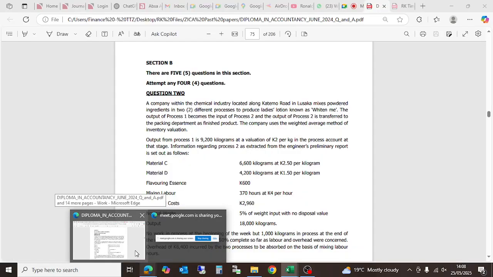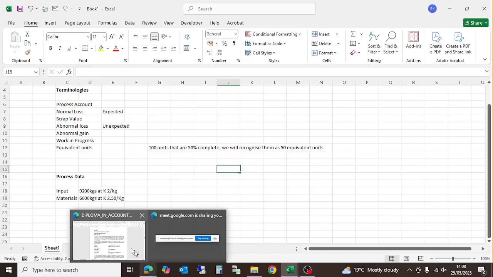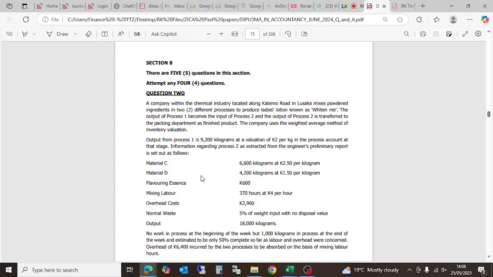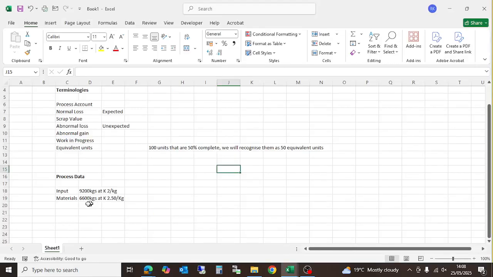Okay, this is kilograms at 2.5 per kg. Okay, we check again. What else do we have? We have material D. So in terms of materials, we have two materials, material C and material D. So let me just bring in material D. Just give me a second. This is material C.